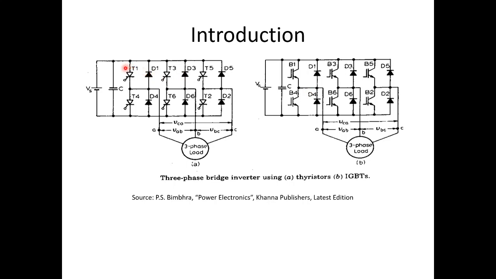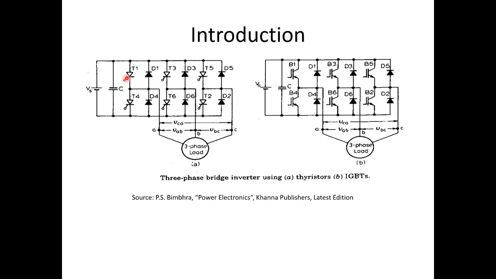Now you can see that there are 6 switches involved in this voltage source inverter, in both figure B and A. Transistor 1 and diode 1 together constitute a bidirectional and unipolar switch.